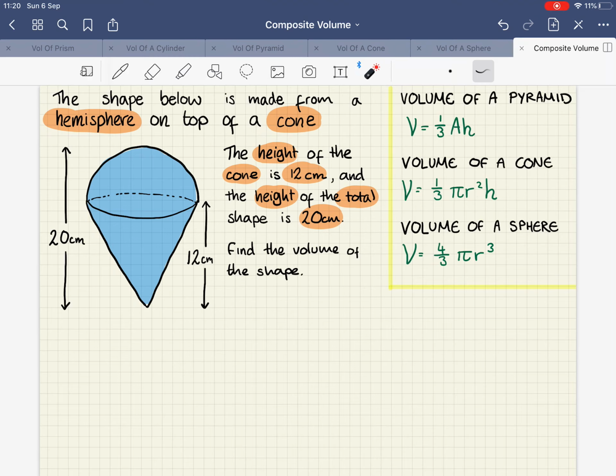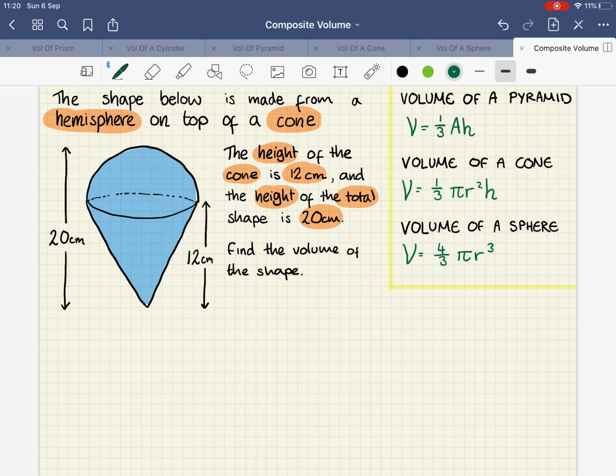The best way to do that is to try and figure out what this height here is, from the very bottom of my sphere to the top of my sphere. Because if I know this height, that's the center of my sphere to the edge, and that means that's my radius. And whatever that height is, that's also going to be the radius of the sphere as well as the cone.